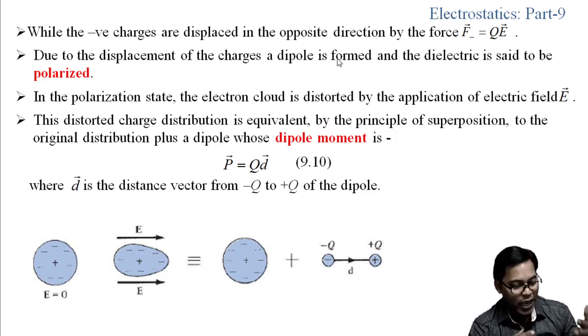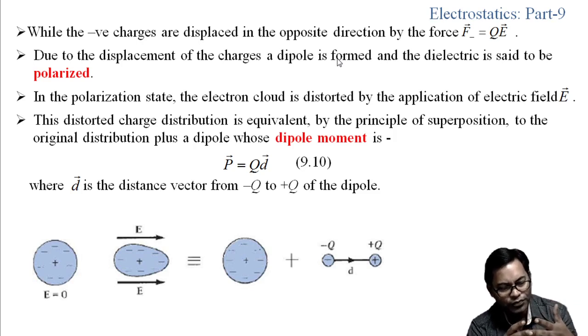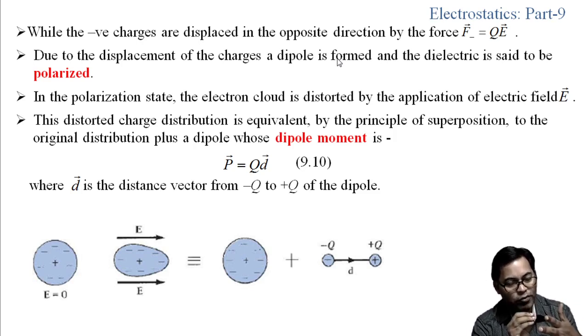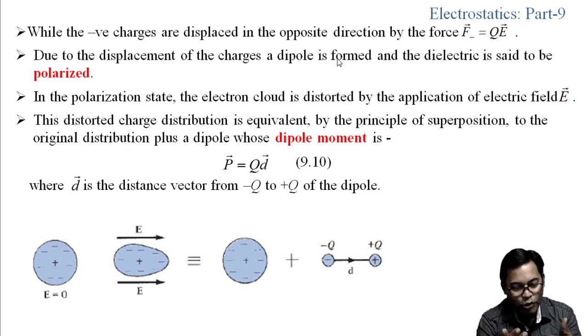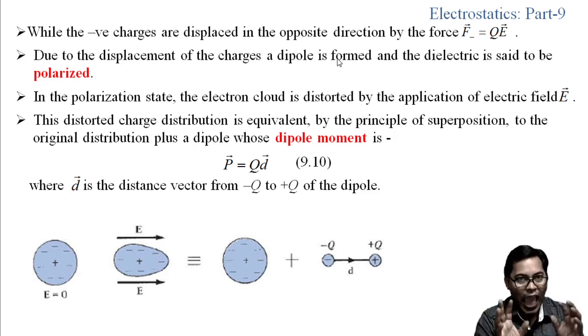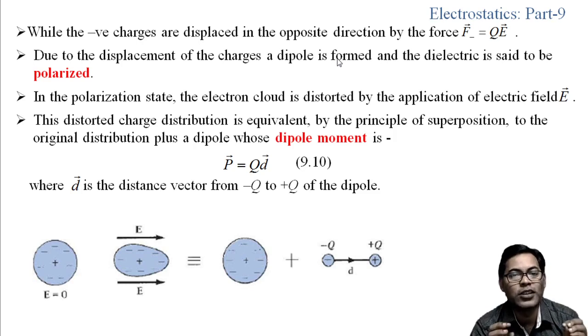So whenever we apply the external field, the positive nucleus will be displaced from its equilibrium position in the direction of the external electric field, and the negative charges will be displaced in the opposite direction. This will produce the dipole, and we can say that the dielectric material is polarized now.